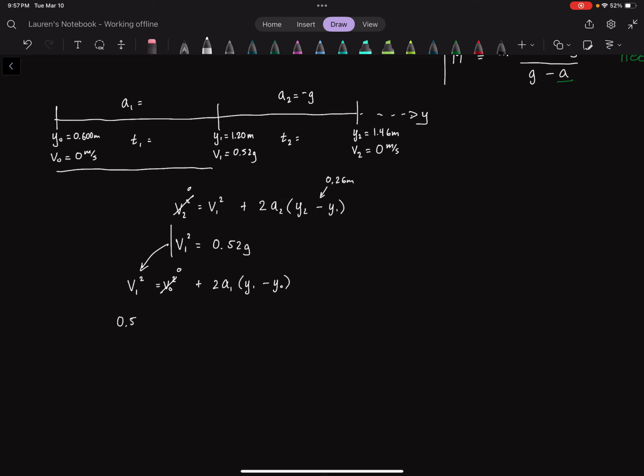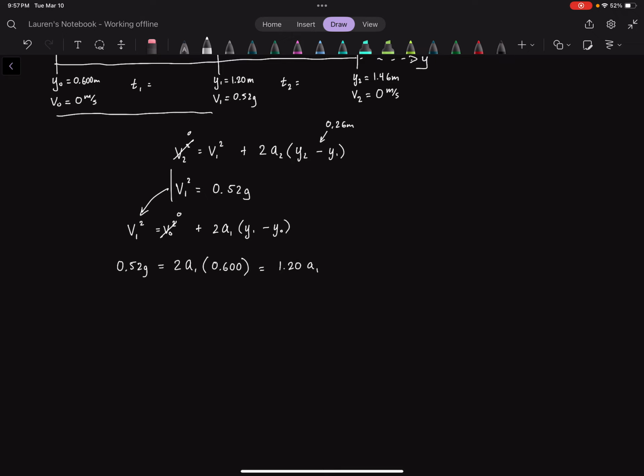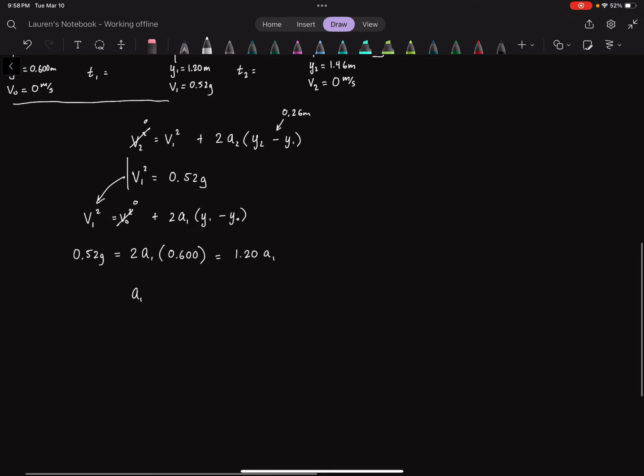So 0.52 G is equal to 2 times A1, that's what we want, times y1 minus y0, that's h, or 0.600, right? Multiplying that by 2 gives 1.20 times A1. And so if you divide that over, you ought to get A1 equals 0.433 G.